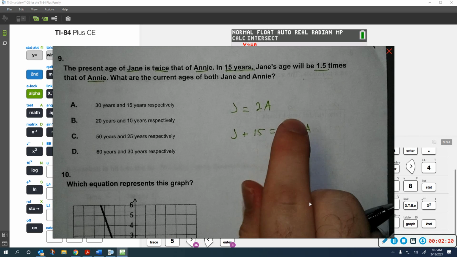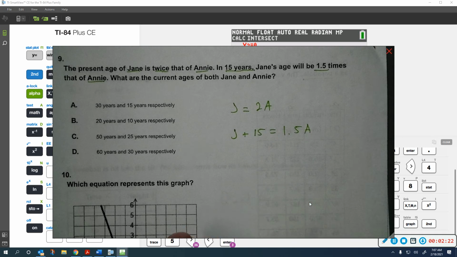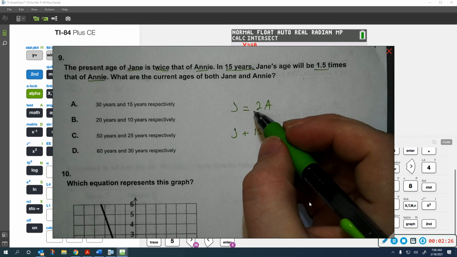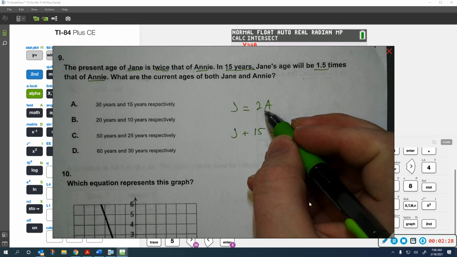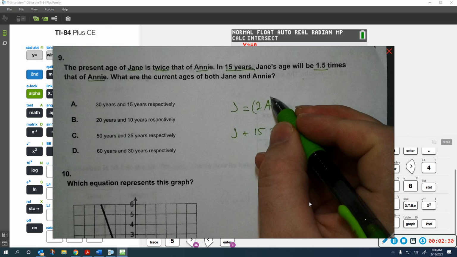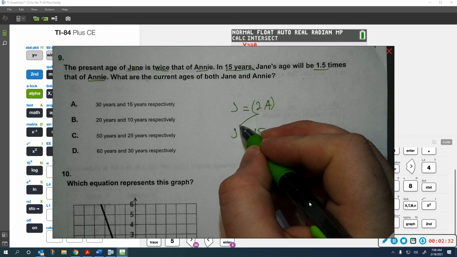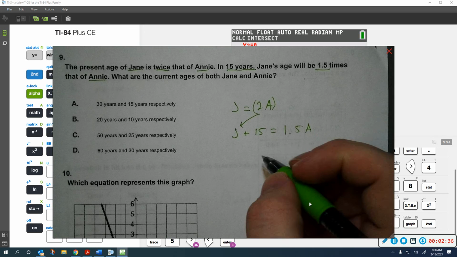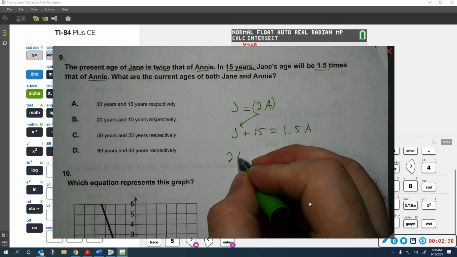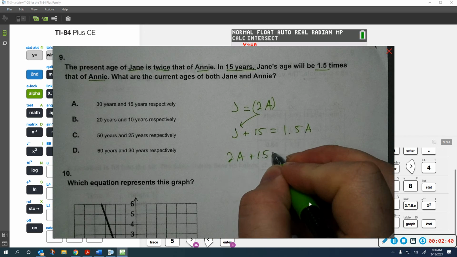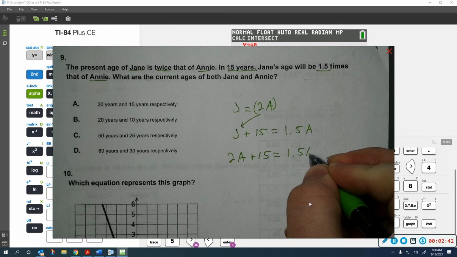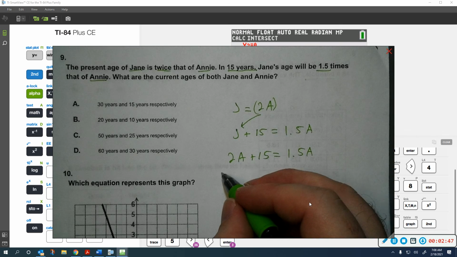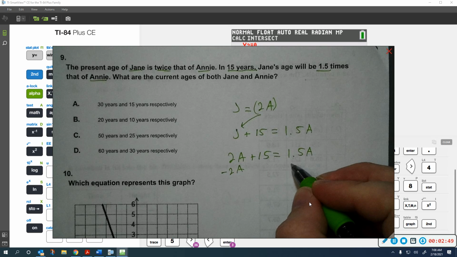Now, there's a couple different ways we can do this. I'm going to go ahead and use substitution because we have Jane equals 2 times Annie. So I should be able to plug this in for Jane, and then we'll just have one letter to solve for. So 2 Annies plus 15 equals 1.5 Annies. Let's put our A's together, so I'm going to move that to the other side.